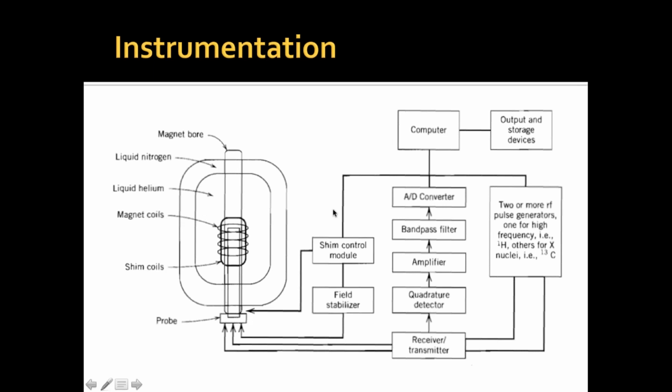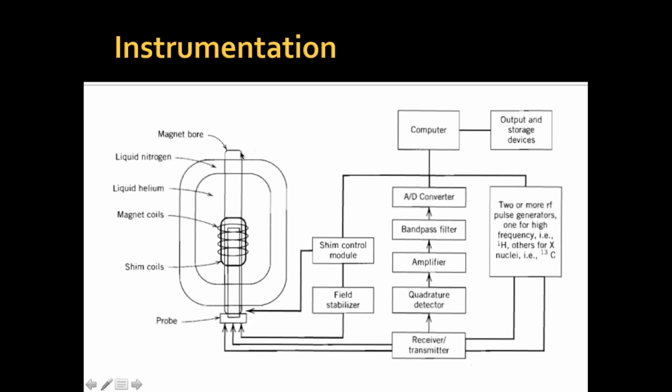So you see the magnetic coils are here. Surrounding the magnetic coils is liquid nitrogen as well as helium. These two liquids are here just to cool down the temperature of the magnets, right?